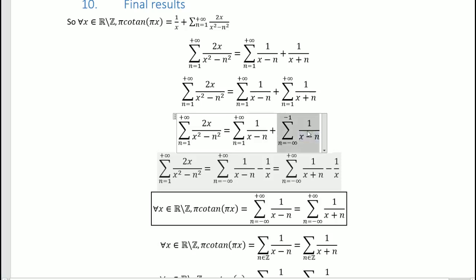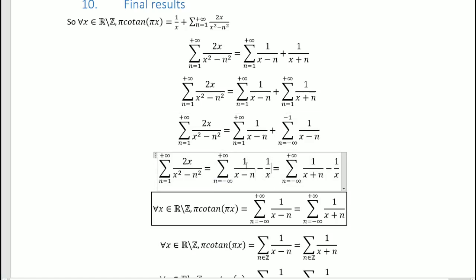So we get this. This transforms it from this to this. So I get a sum between 1 and plus infinity, and a sum between minus infinity and minus 1. So I can just reunite the sum as a big one from minus infinity to plus infinity, but the term at 0 is minus 1 over x.